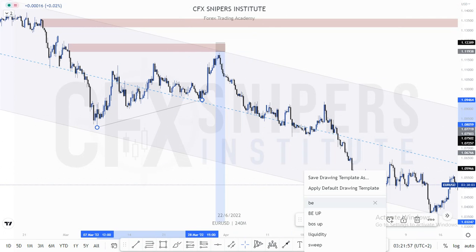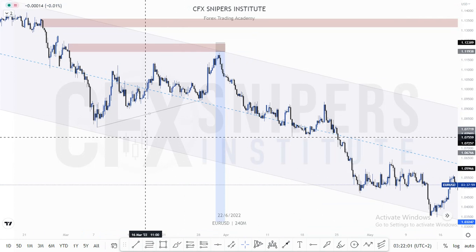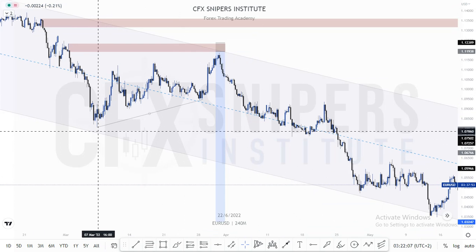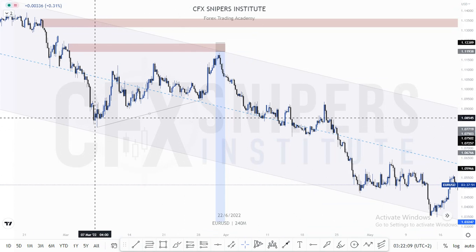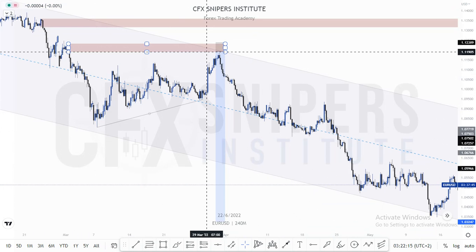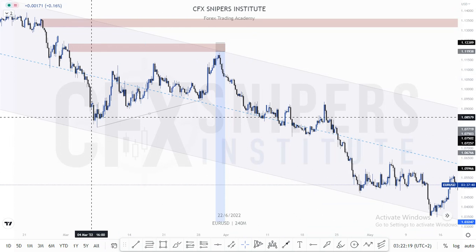So we would take this zone as a demand. It's legal to take this zone as demand. However, we are in a bearish market, so we're more interested in the sales. And since this low created the liquidity pool that was left here by the market makers, we cannot trust that zone.